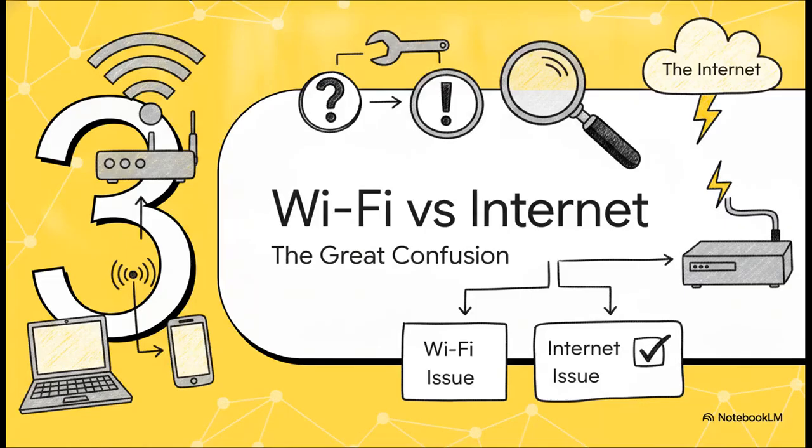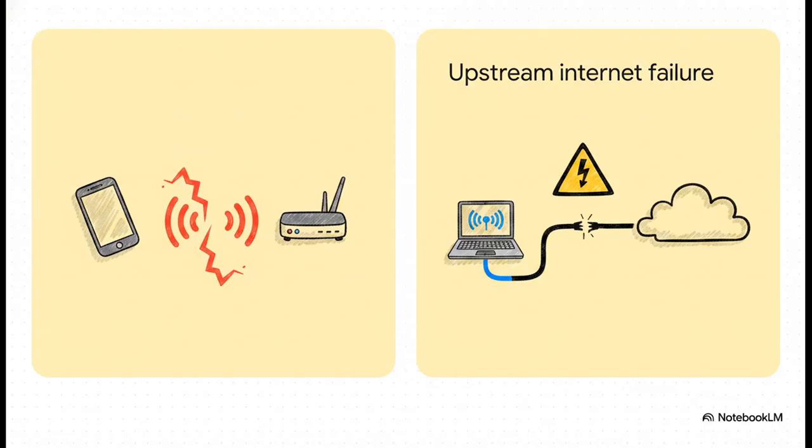Which brings us to Section 3, Wi-Fi versus internet issues, the great confusion. Now, what's really interesting here is the critical distinction you have to make right away. A true Wi-Fi issue is a local link failure. That means you'll see a missing SSID, a grayed out icon, or severely low bars. The invisible bridge between your device and the access point is fundamentally broken.